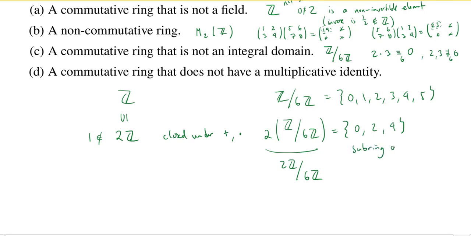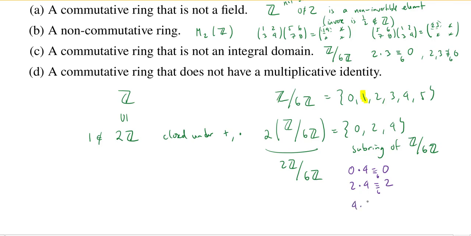even an ideal. It's a subring of Z mod 6Z. So it's a ring. It's a commutative ring. And it doesn't look like it has the multiplicative identity because, well, up above, right, 1 is the multiplicative identity for Z mod 6Z. But something really funny happens here. If I multiply 0 by 4, I get 0. If I multiply 2 by 4, I get 8, but mod 6, this is 2 again, right? This is all congruent, right? Mod 6.